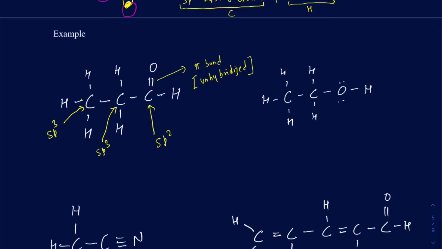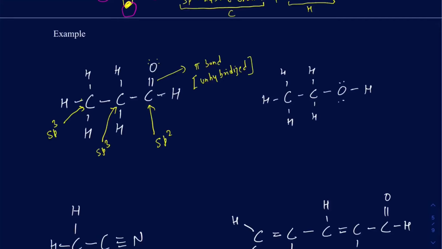What about that oxygen there? Well, when I focus on the oxygen, and if I count the total number of electron domains on the oxygen, I know there are 2 lone pairs on the oxygen, even though they're not shown there, but by now you should know that oxygen is going to have 2 lone pairs if there's no charge on it and there are 2 bonds onto the oxygen.